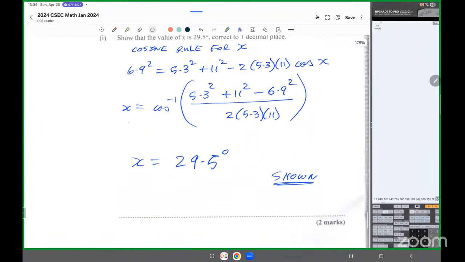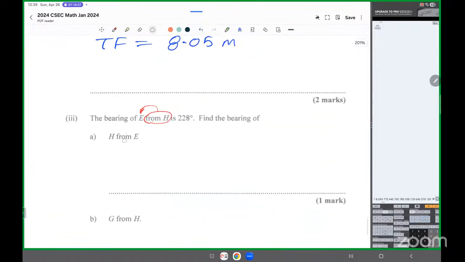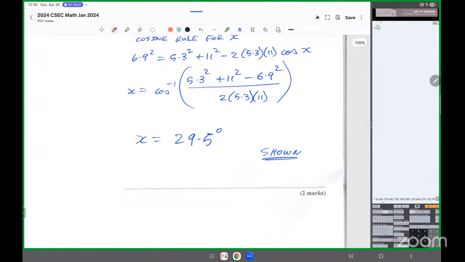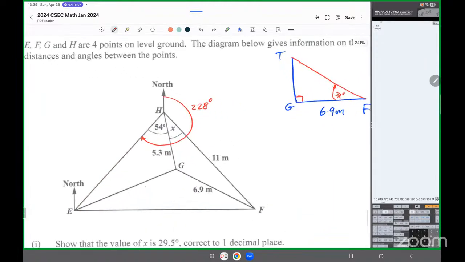And now they're asking us for the bearing of H from E. So it's from E to H. I want the bearing from E to H first, from here up to here.